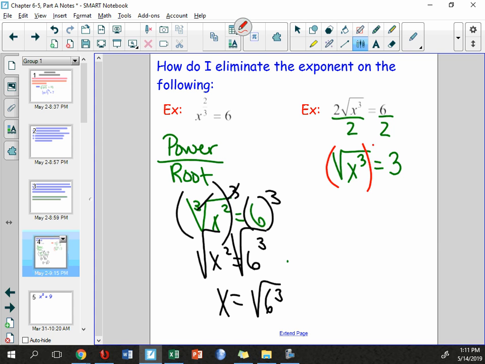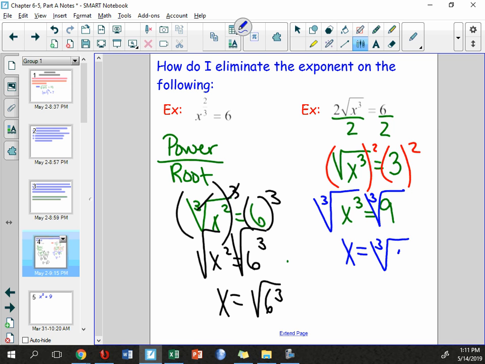Square both sides. So when you square both sides, I'm left with x cubed is equal to, what's 3 squared? 9. Then what do I do? How do I get rid of the power of 3? Take the cube root of each side. So I have x is equal to the cube root of 9. Do we see that, yes or no?